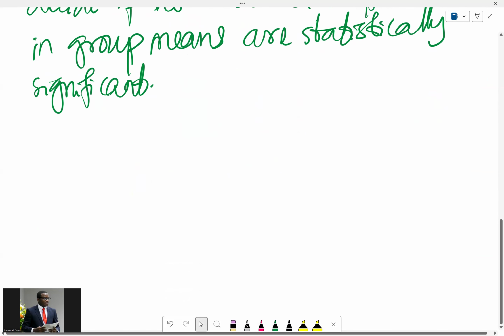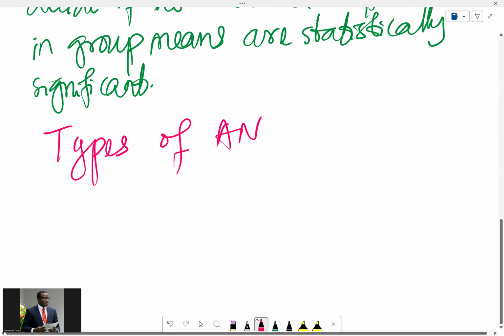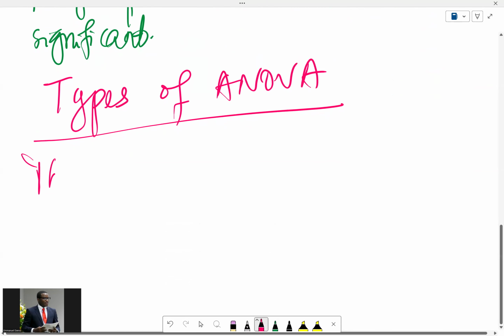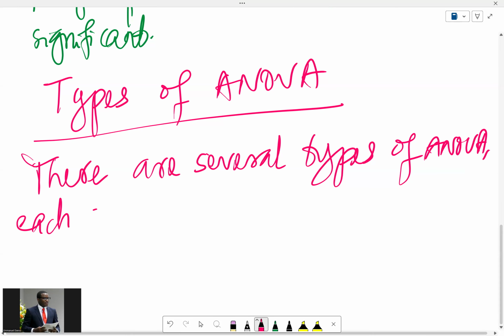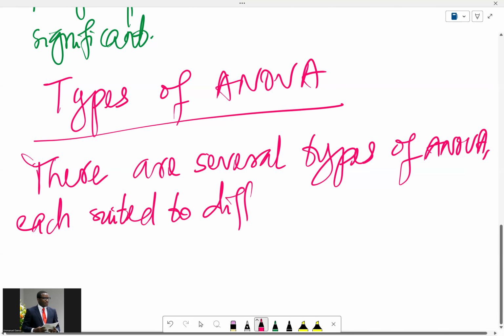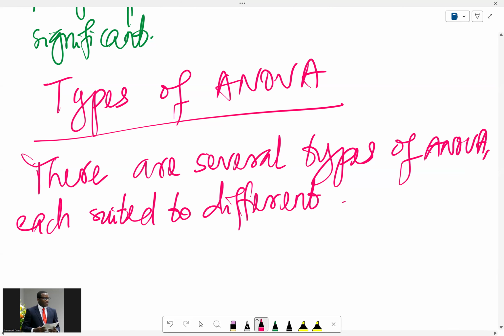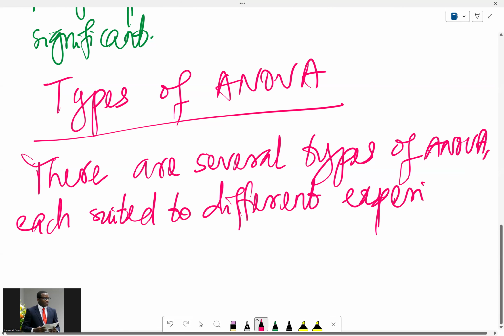So let's talk about types of ANOVA. There are several types of ANOVA, each suited to different experimental designs.